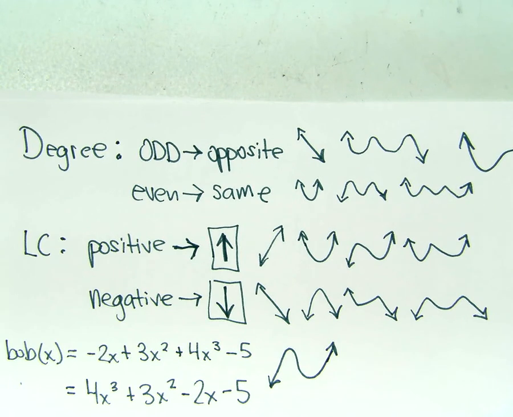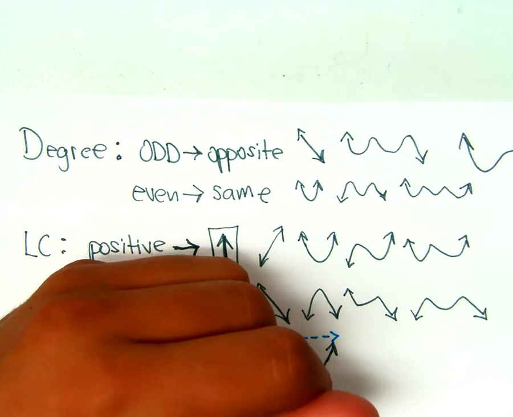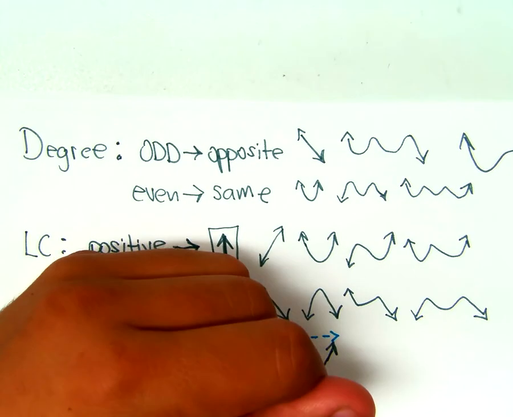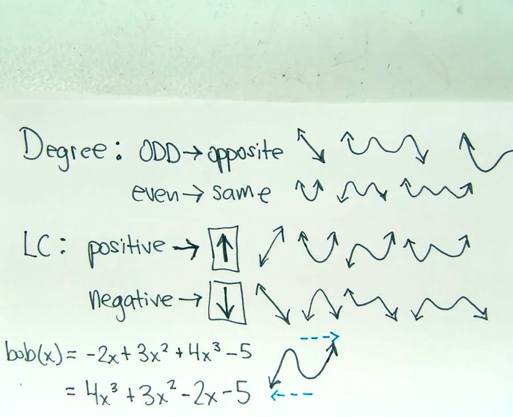To describe this, we need to describe both ends, both left and right. We're going to describe it with Bob.